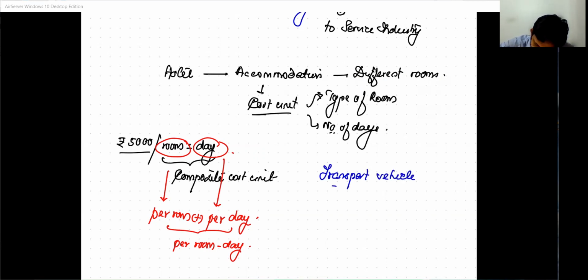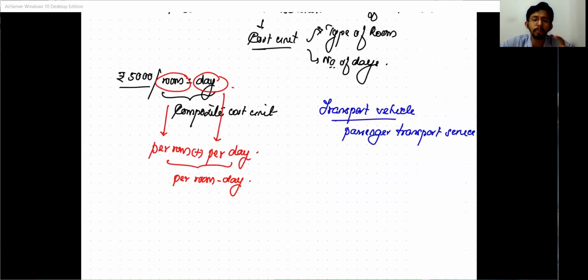Similarly, let's take the example of the transport industry where you are providing a passenger transport service. So what will be the cost unit? Here also you will have two parameters. One is per passenger. If you say that the cost of travel is rupees 100 per passenger, this 100 rupees may be for 1 kilometer or 2 kilometers, or it could be 50 kilometers, or 100 kilometers.